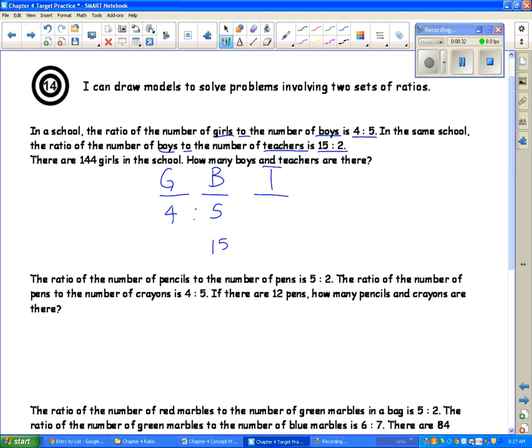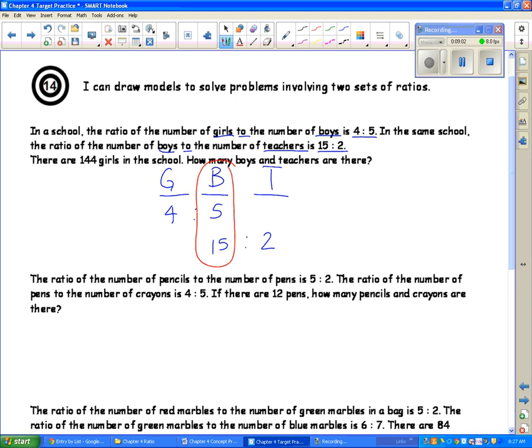It has to go on a different line because it's a completely different ratio, which is 15 to 2. Now our goal here is to take these 2 different ratios, since they have an overlapping type of item, which is boys. We can take these 2 different ratios and combine them to make one 3-part ratio. So we look at the term, the item that both ratios have in common, which is boys.